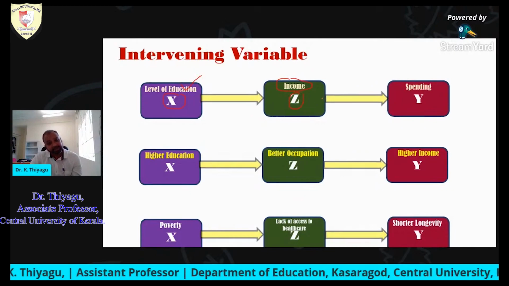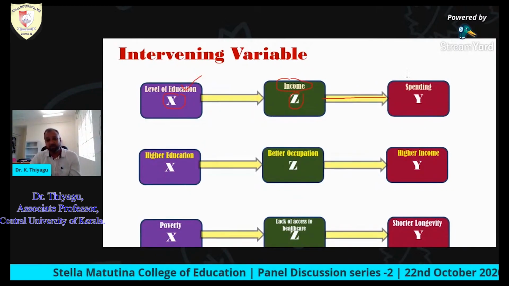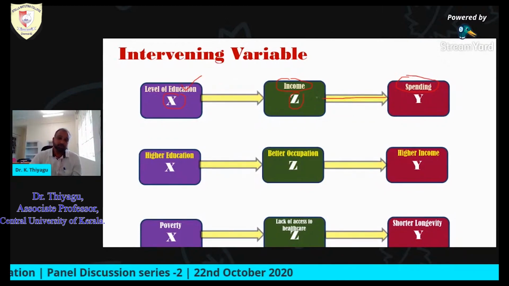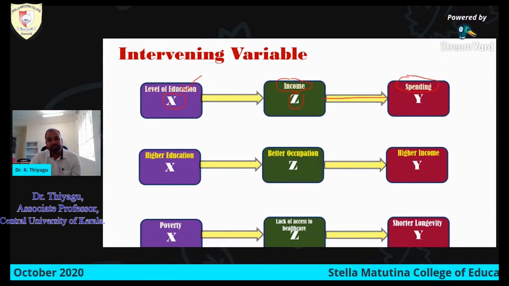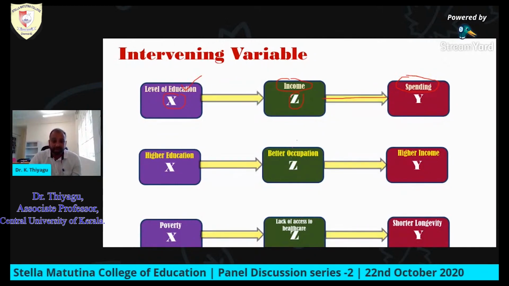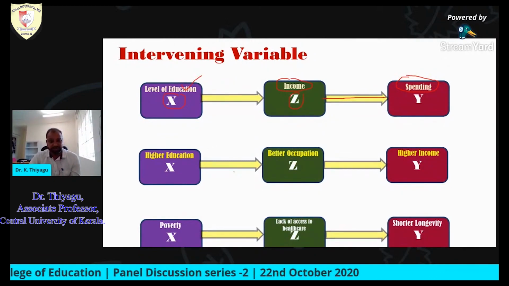If the income increases, what normally happens? The spending, the expenses may also increase. Suppose the level of education is low, therefore the income may reduce. If the income is reduced, what will happen finally? The level of expenses may also reduce. So this is called the intervening variable. The third variable may intervene between the two variables X and Y.